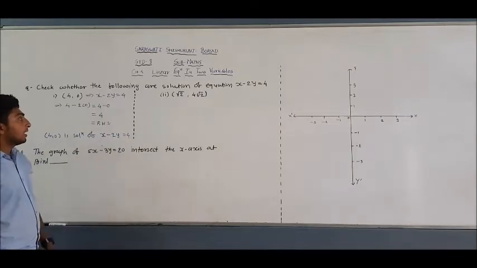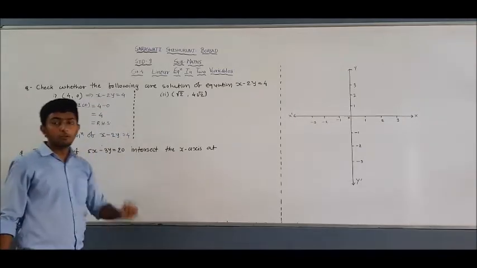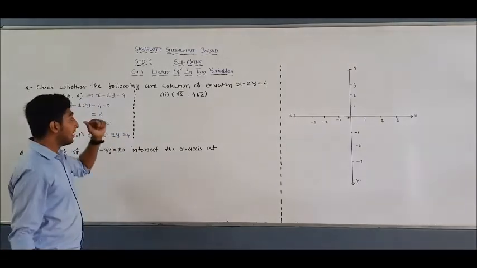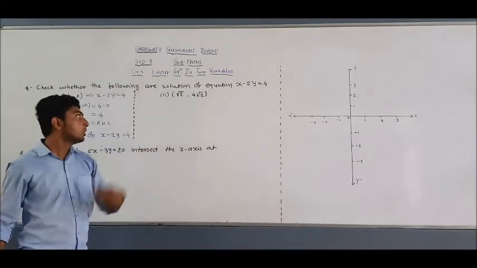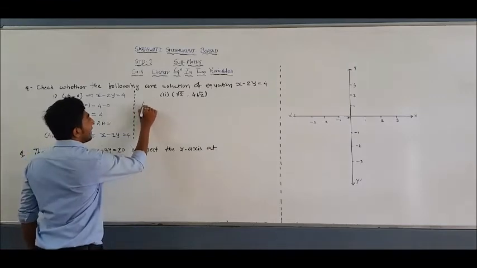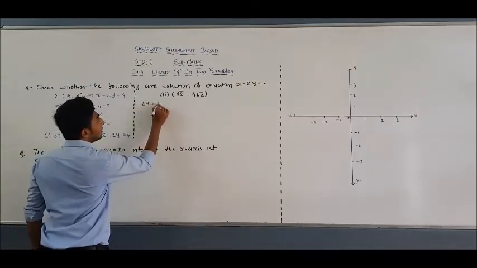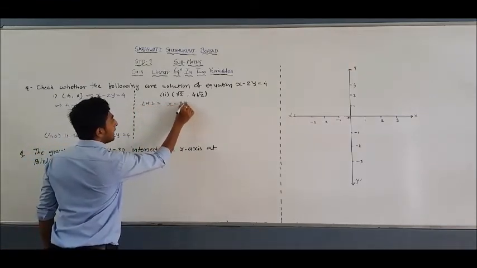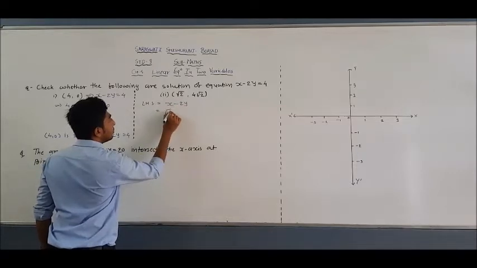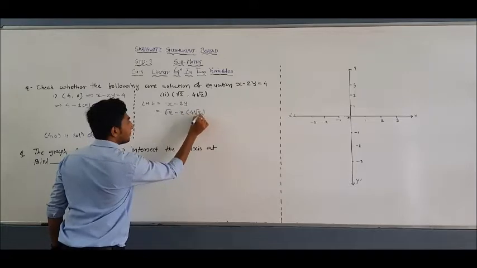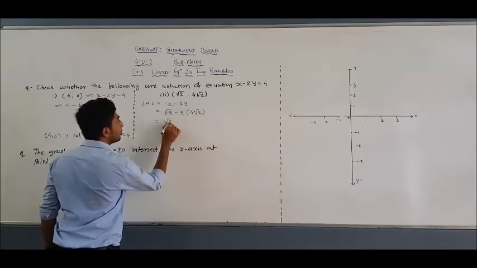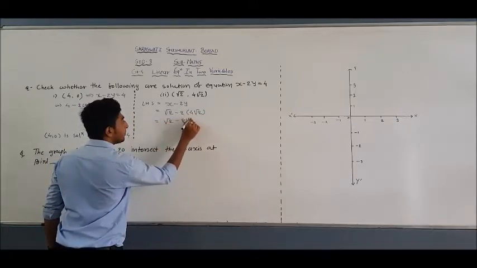Let us talk about another point, (root 2, 4 root 2). Friends, you have to substitute the value of x equal to root 2 and y equal to 4 root 2. So here LHS equal to x minus 2y equal to root 2 minus 2 into 4 root 2, that is root 2 minus 8 root 2.